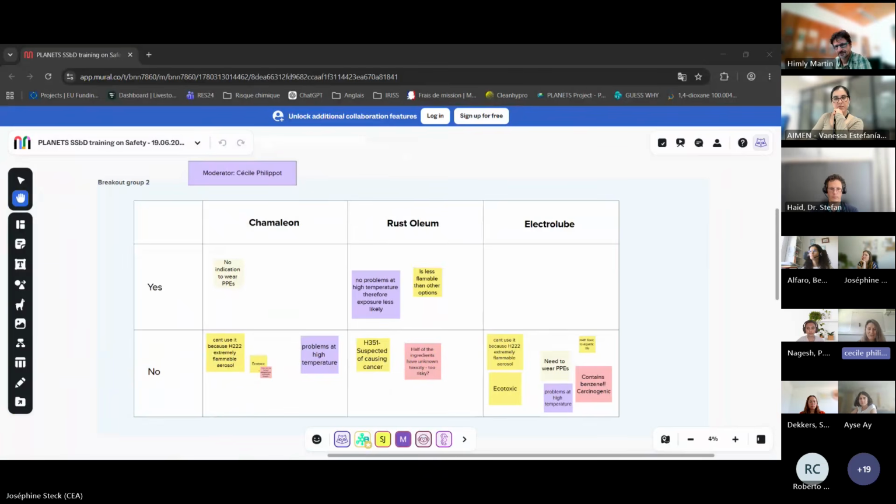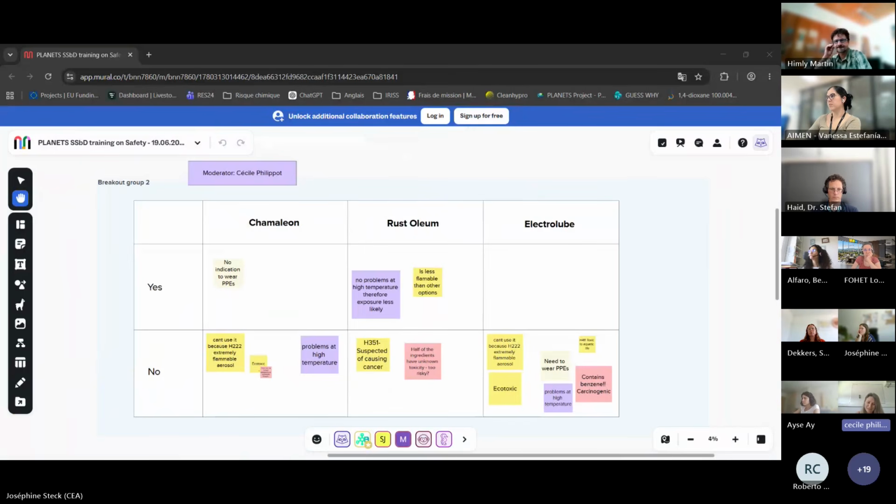Finally, the orientation is more on the Rust-Oleum on this side, because the point regarding the physical hazard for the two others could be more exposing than the Rust-Oleum, but more during the use and the risk of flammability.